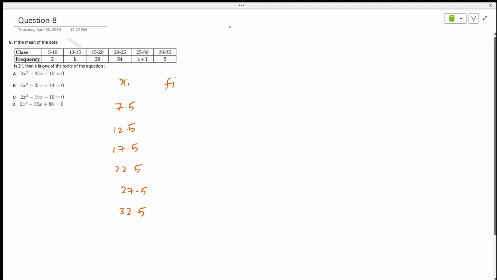The frequencies are 2, k, 28, 54, k plus 1, and 5. Coming to deviations, let us assume this as our assumed mean. So this becomes minus 10, minus 5, 0, 5, 10, and 15. If you want ui, you will get minus 2, minus 1, 0, 1, 2, and 3.